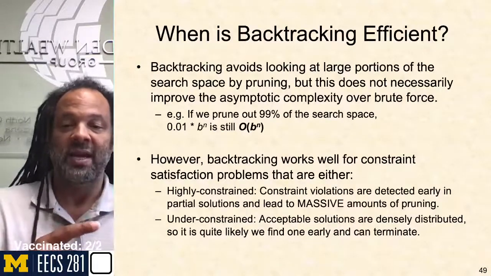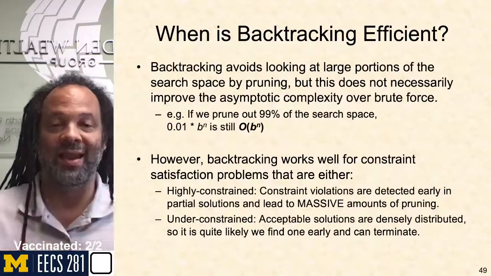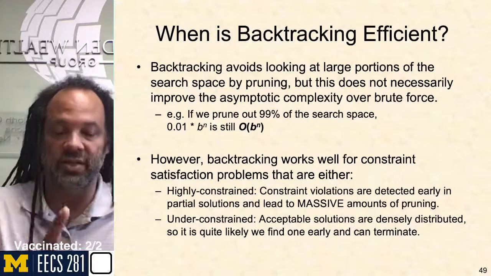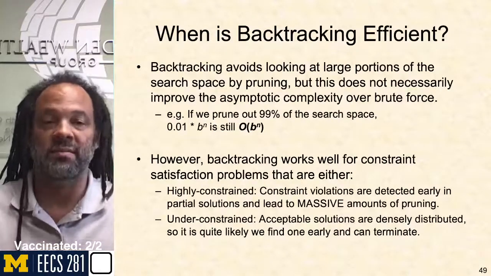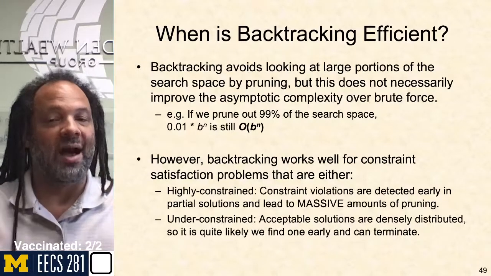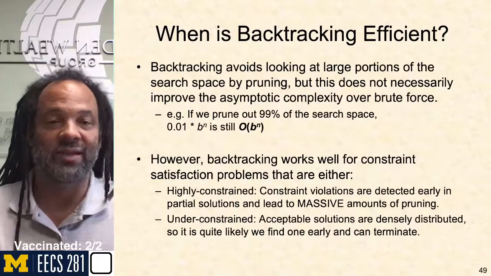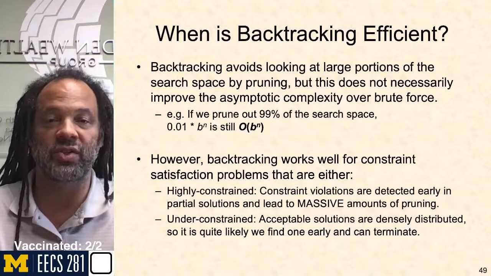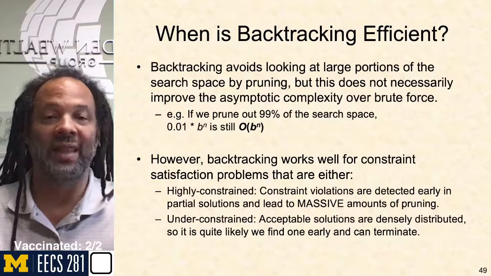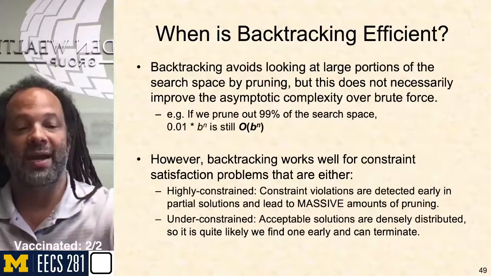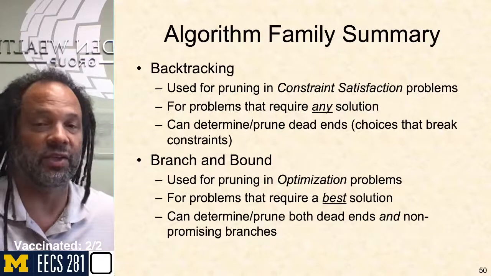On the other hand, an under-constrained problem, a problem with not a lot of constraints, just goes down to the bottom really quickly. Decision, decision, decision, decision, decision, no problems, we're done. So when we've got a highly constrained problem or a very lightly constrained problem, backtracking is really efficient because we get to a decision quickly or we prune a lot of the bad decisions really easily. So backtracking ends up being quite efficient.